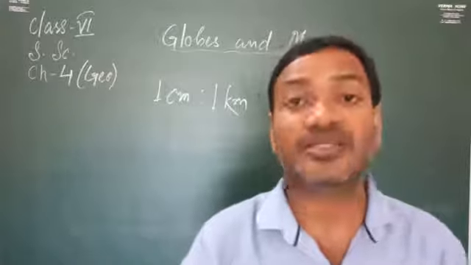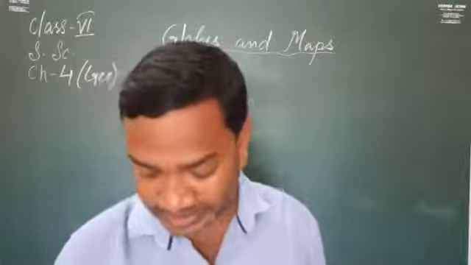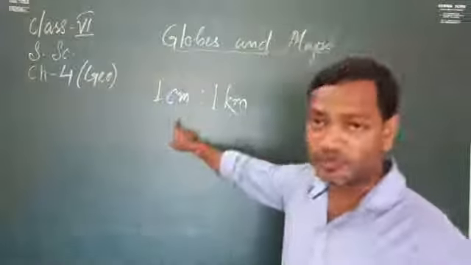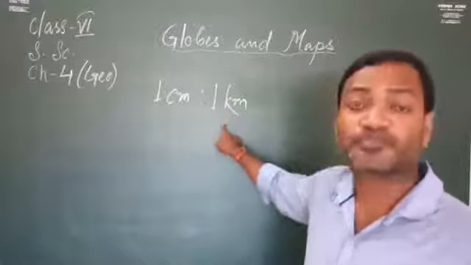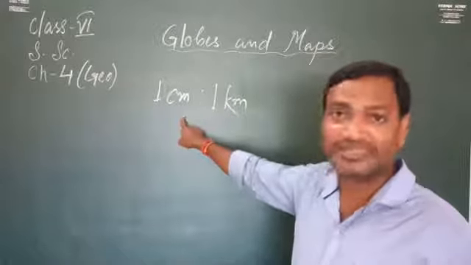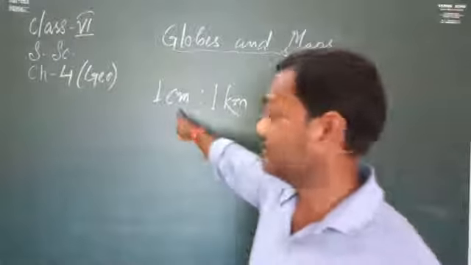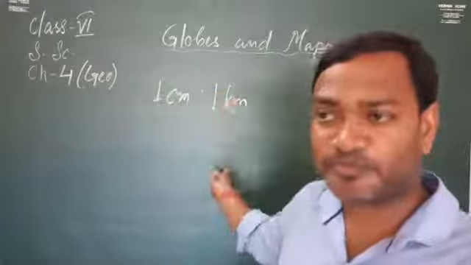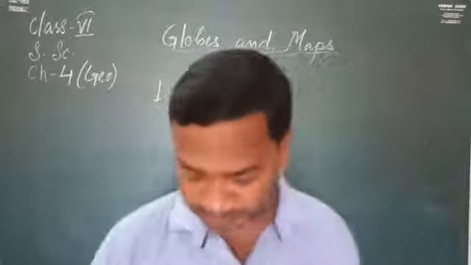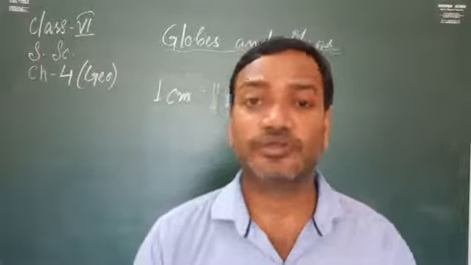What we have to understand is that 1 centimeter on the map represents a distance of 1 kilometer on the ground. Suppose it is given as 1 centimeter on the map, so it will be 1 kilometer on the ground. That way we have to understand.